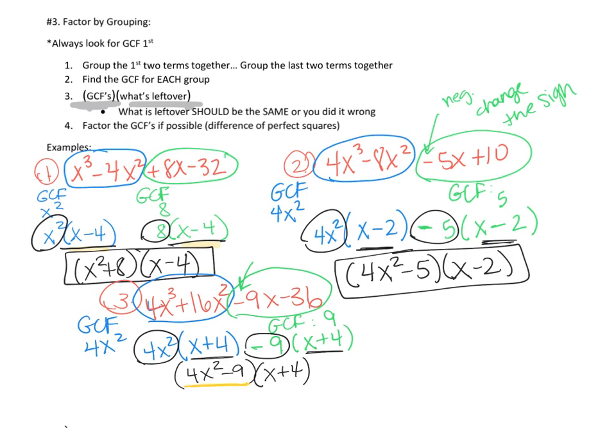So just because I factored by grouping doesn't mean that I'm finished. I might also need to factor by the difference of perfect squares. So I can reduce this to 2x plus 3 and 2x minus 3, taking my square roots. And then I have that x plus 4 from before. So now it's as simplified as possible. So don't forget, I can have more than one of these occurring at the same time.